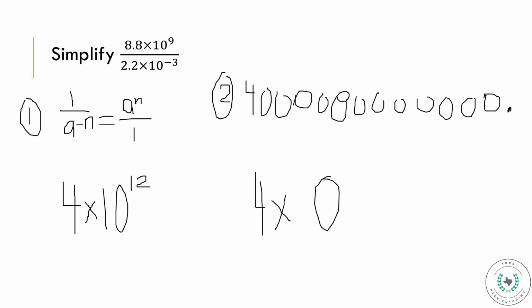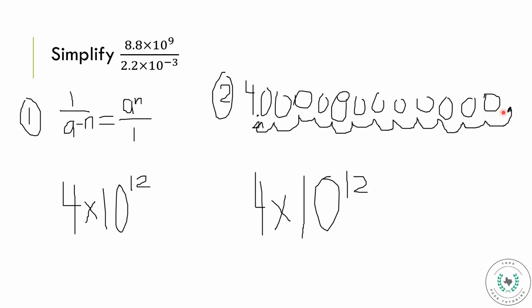So let's just start counting. 1, 2, 3, 4, 5, 6, 7, 8, 9, 10, 11, 12. So in order to get to that value of 4, we went 12 spaces.